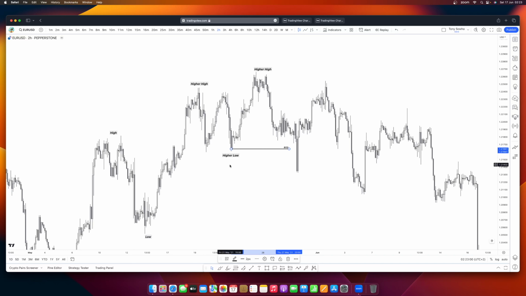Let me see if this is it. New trade idea, Euro USD. I hope this is it. Let me just see.